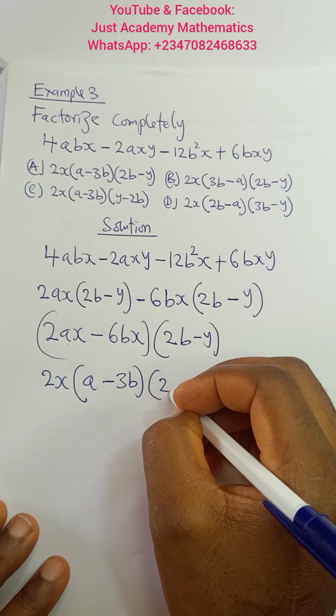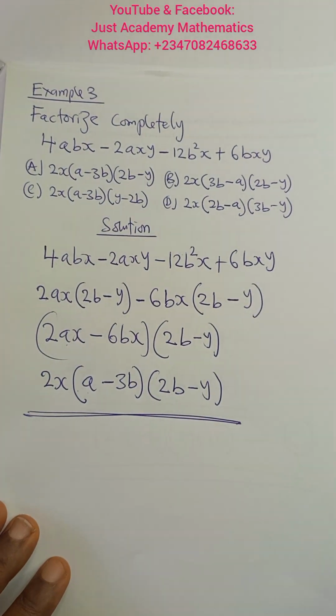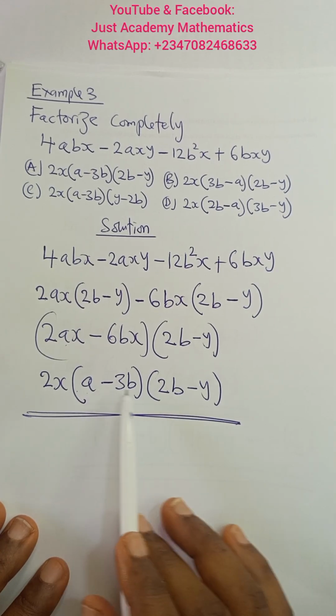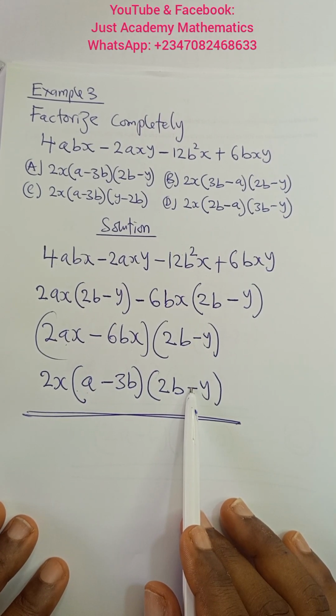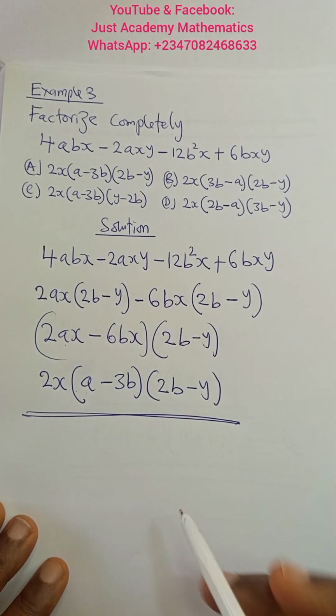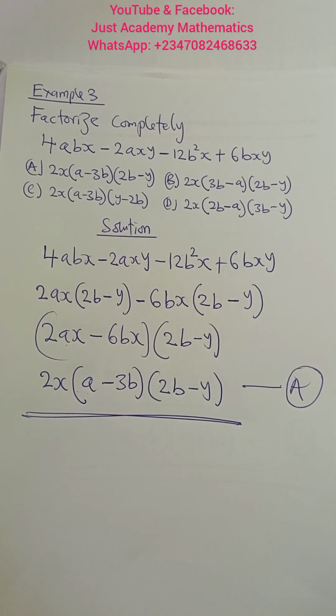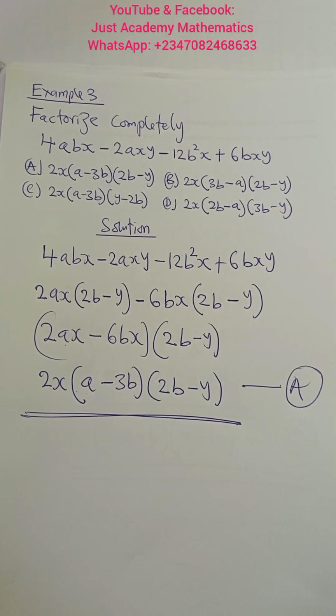Then times 2b minus y. So this is what we should look out for. And that is option A. If I'm not mistaken, that is option A. Yes, it's option A. So that is for this number 3.